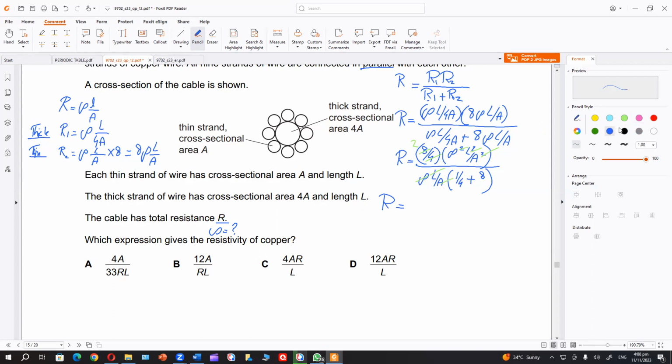What am I left with? Can you help me? 1 upon 4 plus 8.